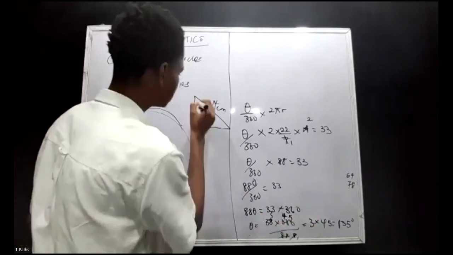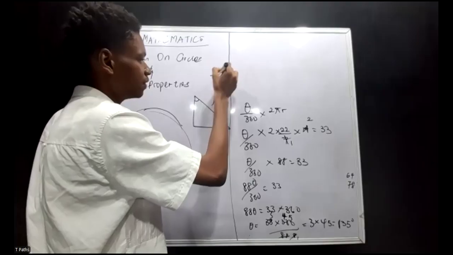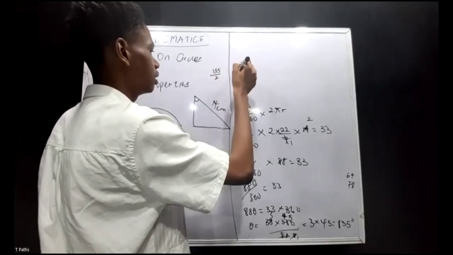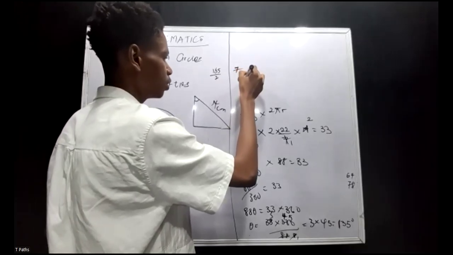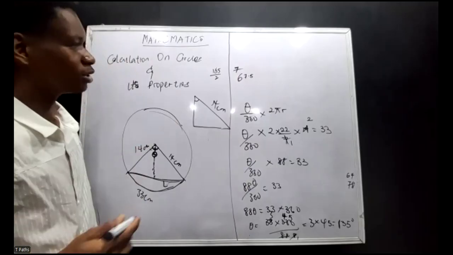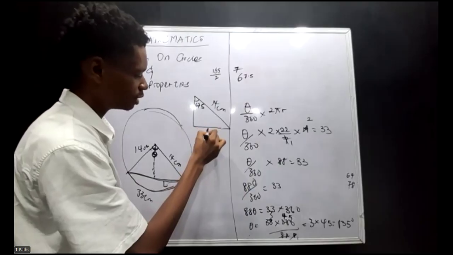So this part here will be 135 divided by 2, which is 67.5. So the angle here is 67.5. I'm to find this, which I labeled as L.